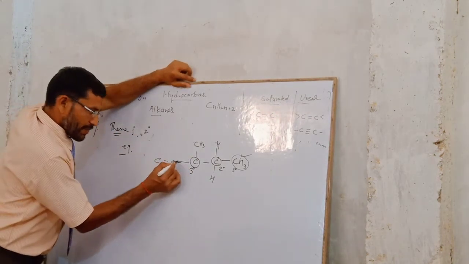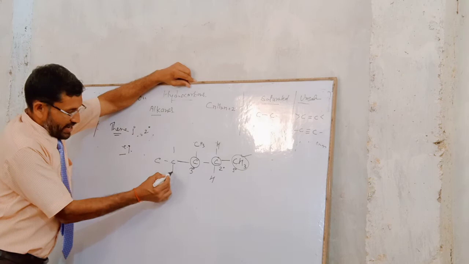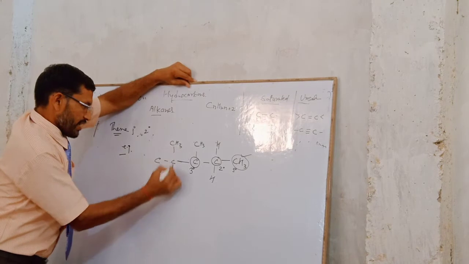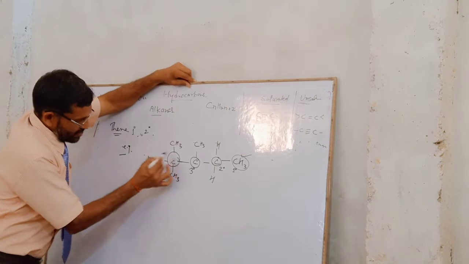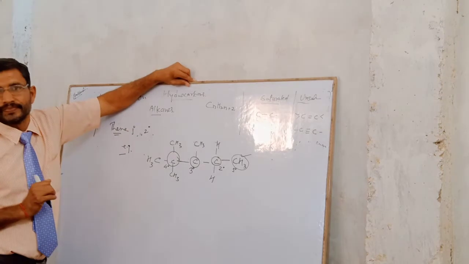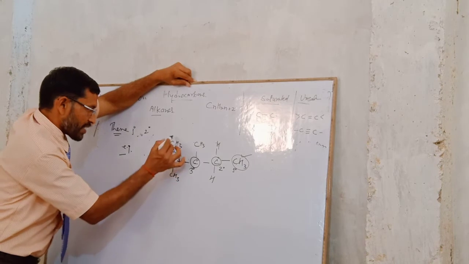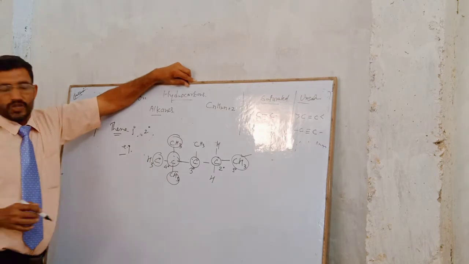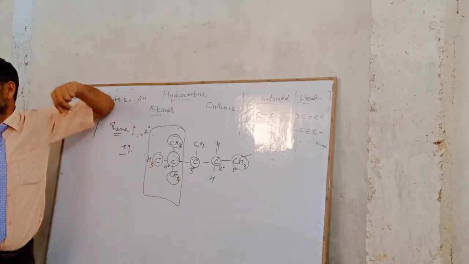Again, if the carbon is attached with carbon on all four valencies, can I say this carbon atom is 4 degree carbon? Isn't it? Because of the presence of carbon atoms everywhere, this carbon is known as neocarbon or quaternary or 4 degree carbon.